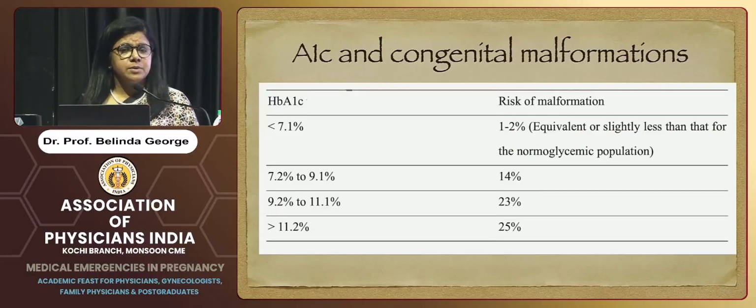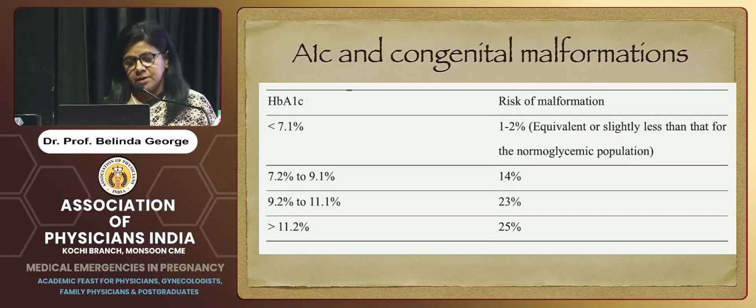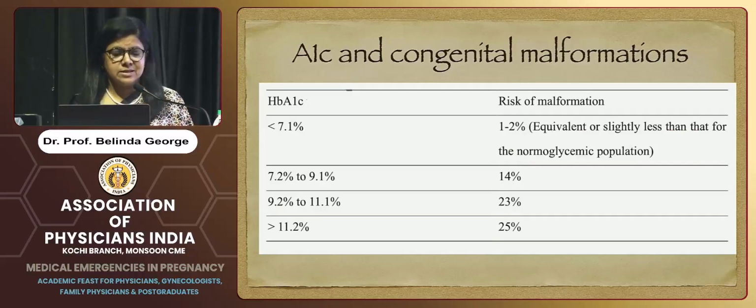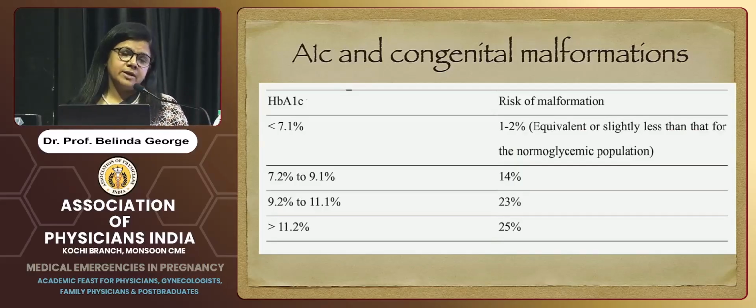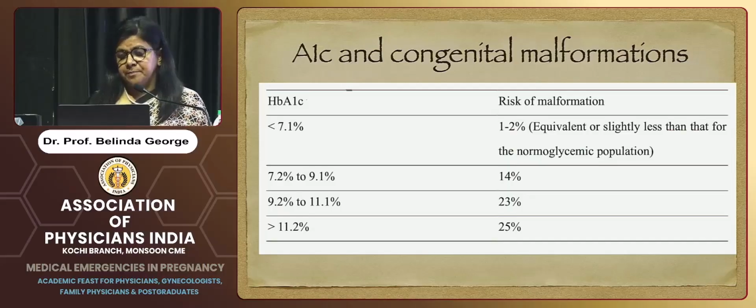However, as the HbA1c rises, you can see that the risk of teratogenicity and congenital anomalies is much higher. Because of this, it's extremely important for us to do extensive pre-pregnancy counseling in all young women we come across. And nowadays, you're coming across a lot of young people with diabetes, both men and women. So this is an opportunity for us to intervene and tell them that they should not have an unplanned pregnancy, that pregnancy should always be planned, and ensure that the glycemic control is decent.